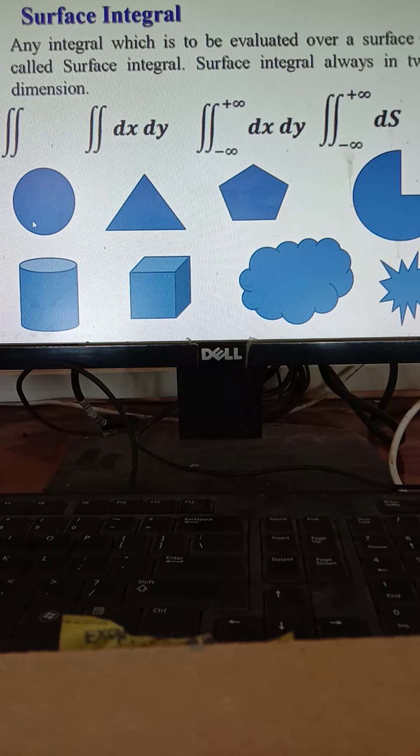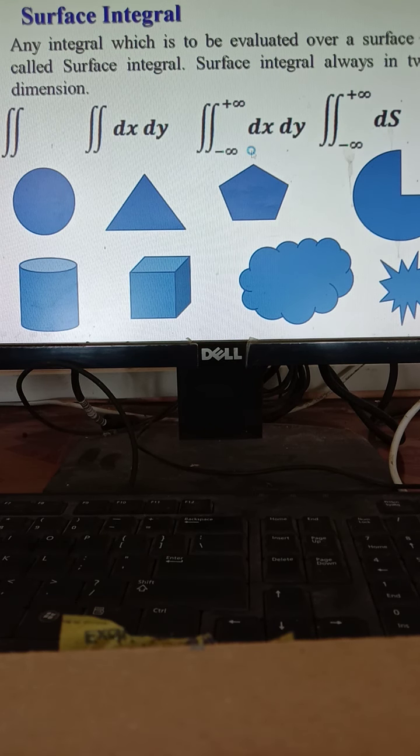Because we can observe here the x and y axes, so the change in differentiation dx and dy, their multiplication dx dy, represents two dimensions. Suppose you take the integral from minus infinity to plus infinity in double integral form with the ordinary differentiation dx and dy. Sometimes we can take the surface double integral in terms of the surface element dS. That surface element dS is a product of the ordinary differentiation dx and dy. Okay, so we have cleared the surface integral.